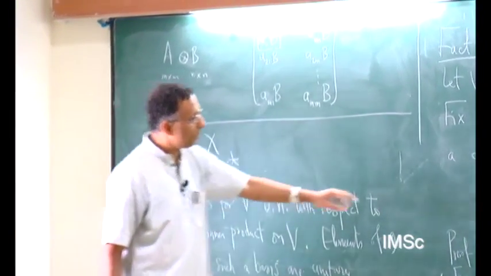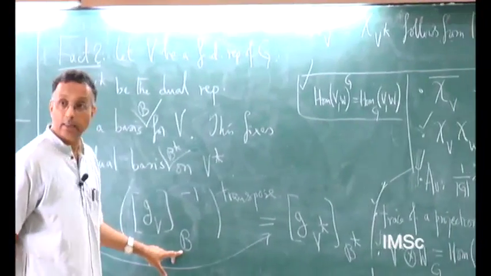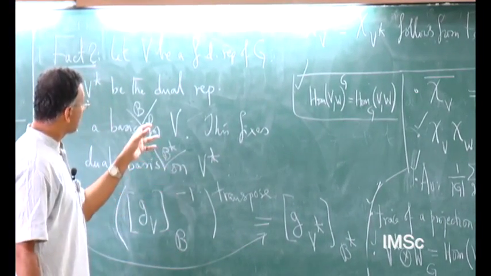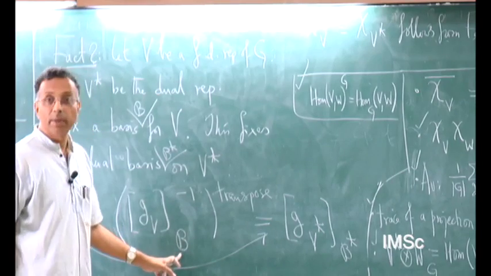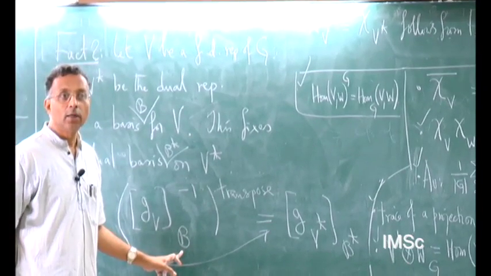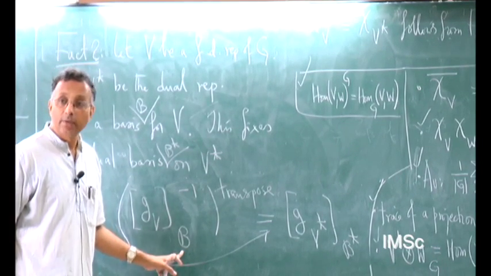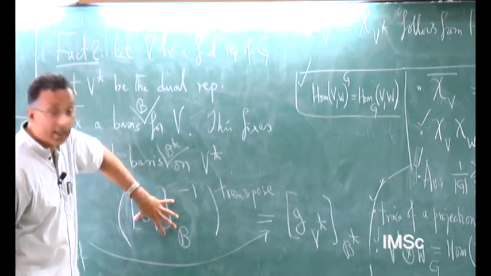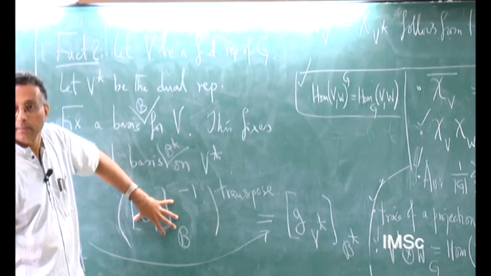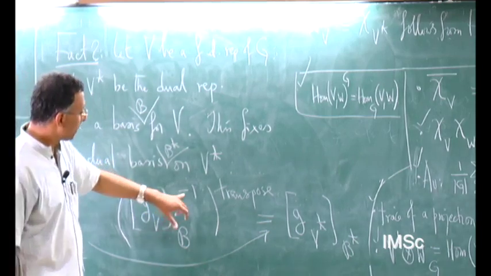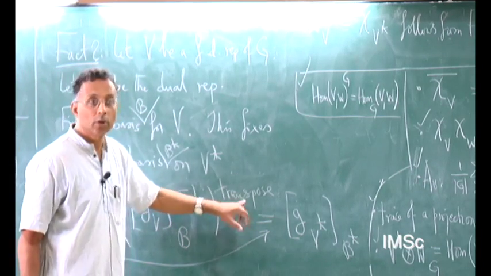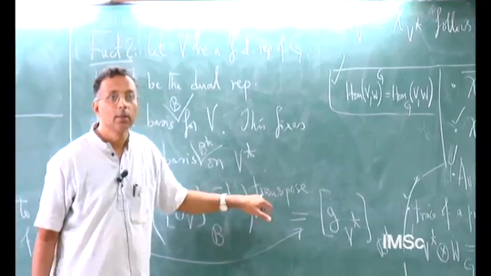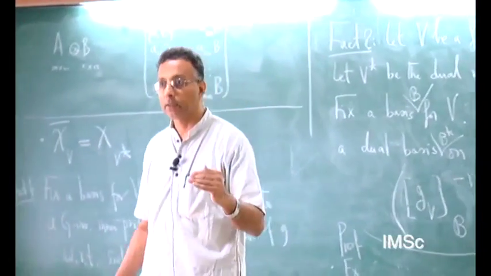Now you are over complex numbers. You choose B so that B is an orthonormal basis for a G-invariant inner product on V. Then this is a unitary matrix, and I am taking its inverse transpose. The inverse transpose of a unitary matrix is just its conjugate.